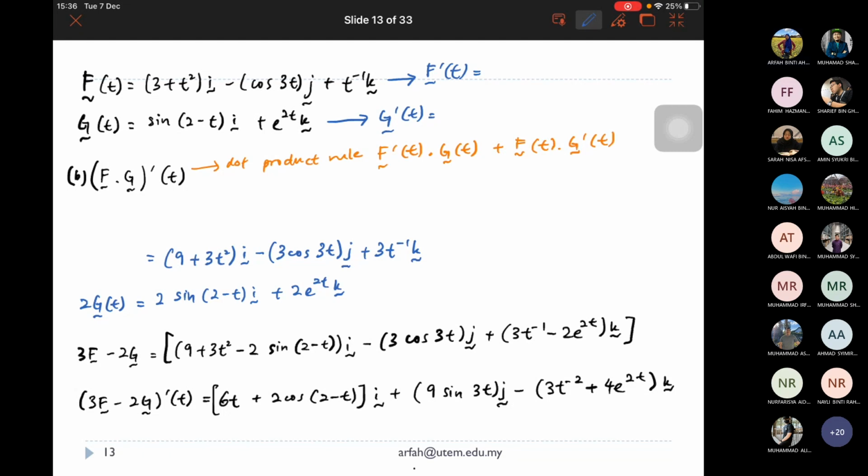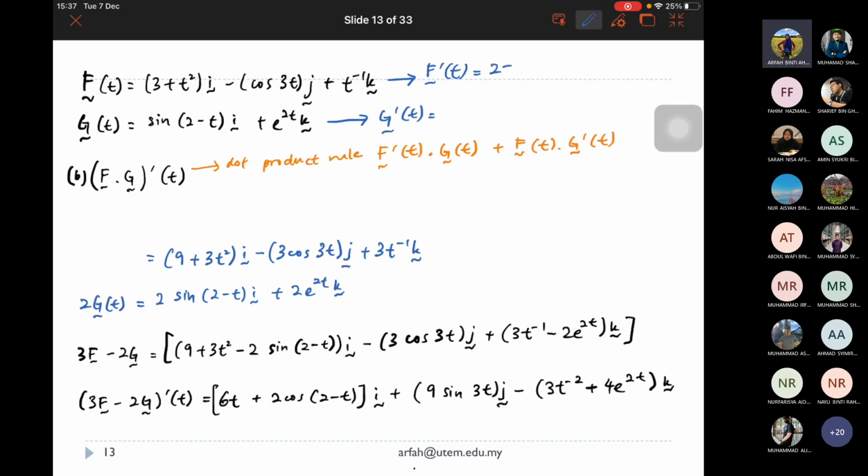Done. Dapat. Bezakan vektor F, dapat apa? Tiga tambah T squared. Bezakan 3 tambah T squared akan dapat 2Ti. Okay.